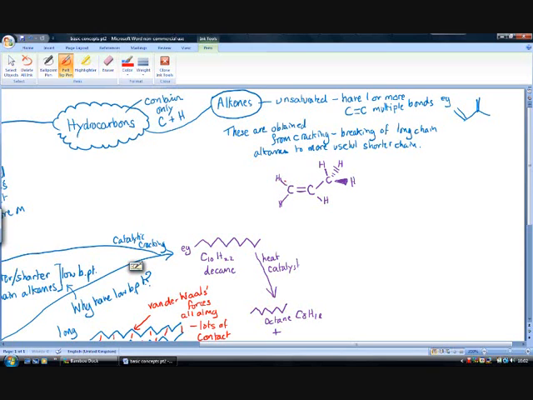If we look around the double bond, the angles are 120 degrees all the way around the C-C double bond, and that gives rise to a trigonal planar shape around the carbon-carbon double bond. Now we look at the other part of the molecule, which doesn't contain the carbon-carbon double bond. It's a carbon-carbon single bond. The bond angles are 109.5 degrees and make a tetrahedral shape.